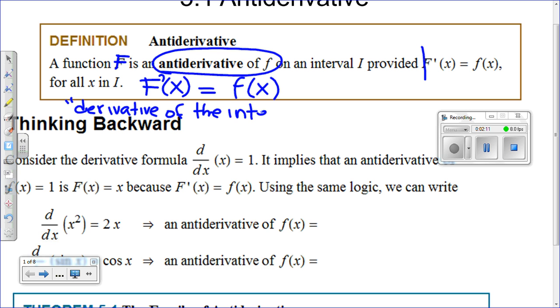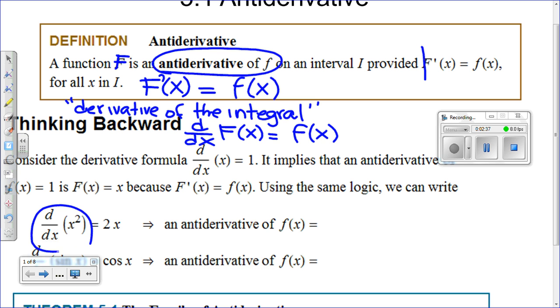To solve some of the problems, I'm going to use this notation, so let's just use it now. If I say Dx of f of x, it will just be the original function. So what is the derivative of x squared?